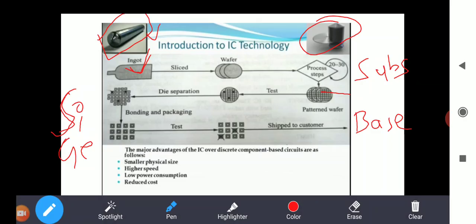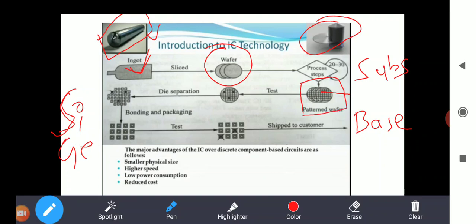Very thin slices like this are the wafers. After the wafer is formed, there are 20 to 30 process steps, and some patterns are applied here.